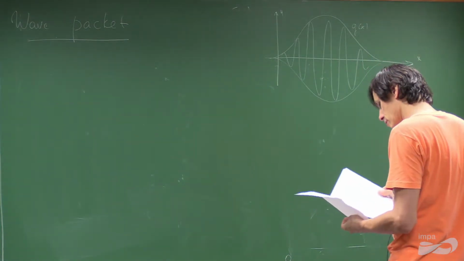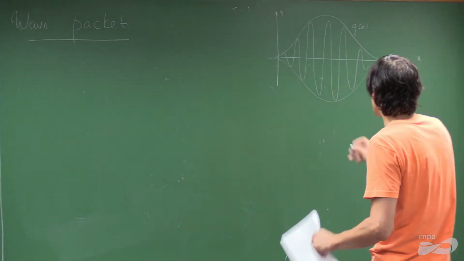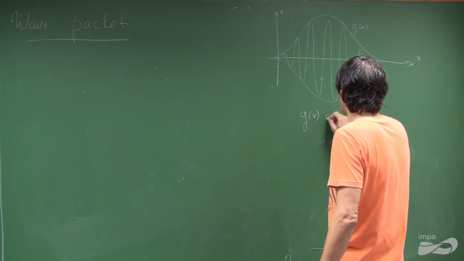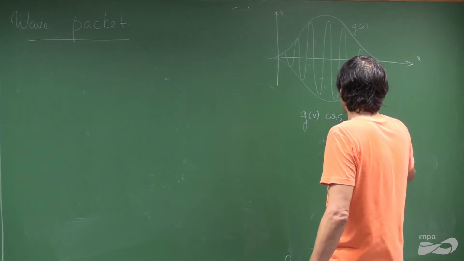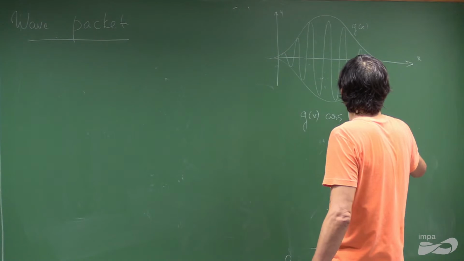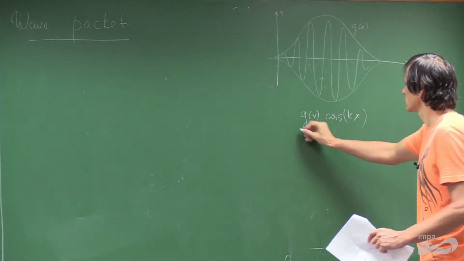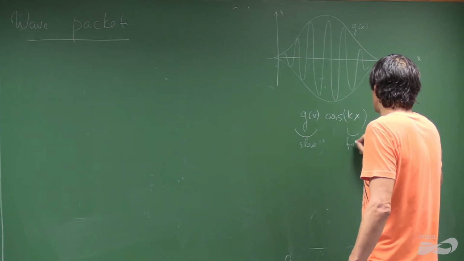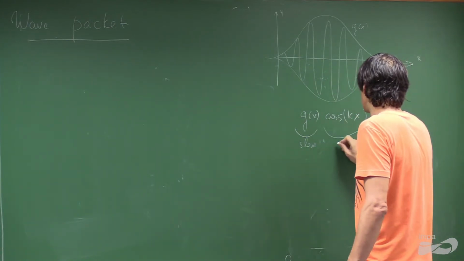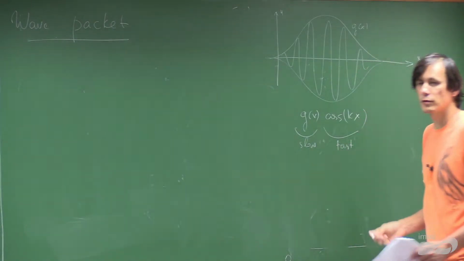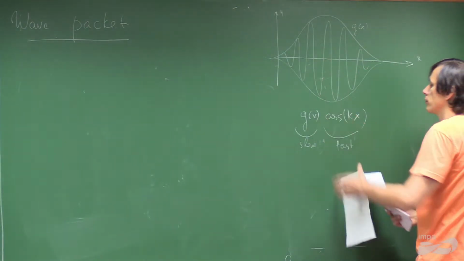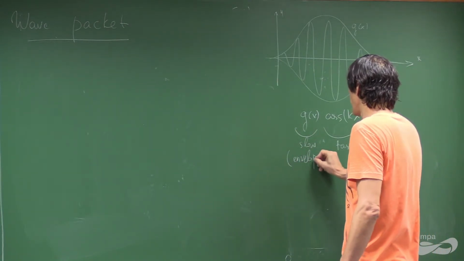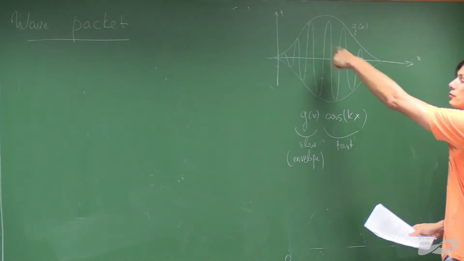So essentially, it's something like j of x times cosine kx, where this is slow and this is relatively fast. So the product of the slow envelope and the fast modulation of the oscillation.